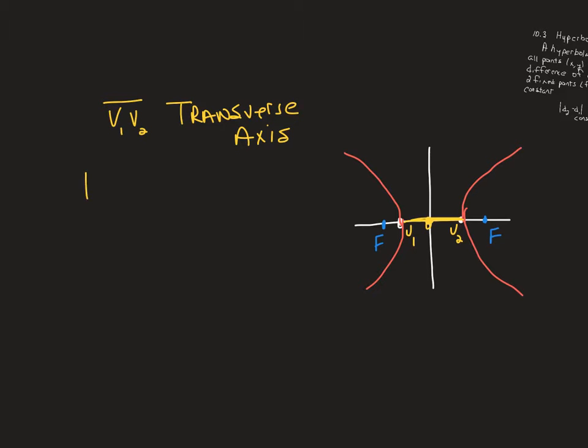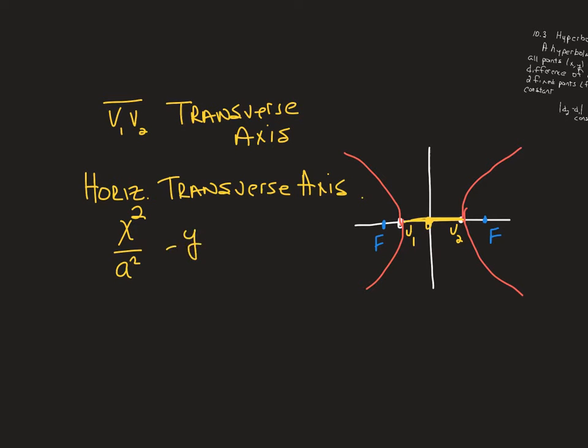If we have a horizontal transverse axis, which is what I have drawn a graph of, the equation is going to be x squared over a squared minus y squared over b squared equals 1.